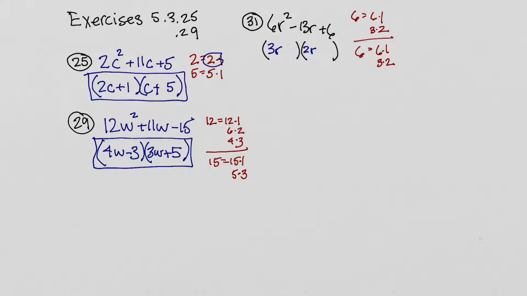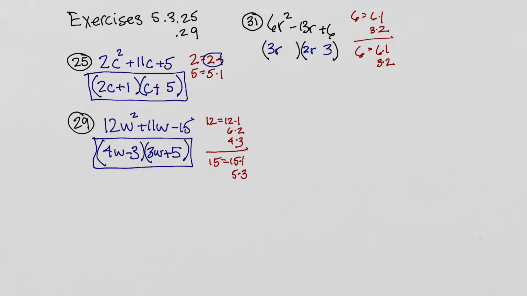And then, just like we did in the last problem, I know the 3 cannot go here because there would be 3's in common. The 2 cannot go here because there would be 2's in common. So the only way this is going to work is for the 3 to go here and the 2 to go here.